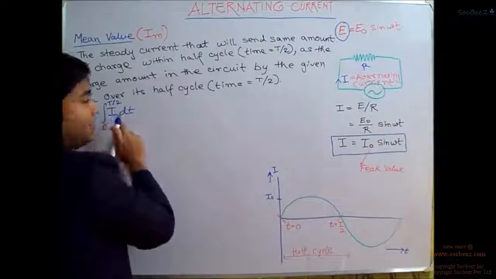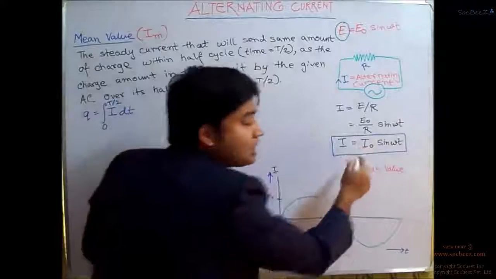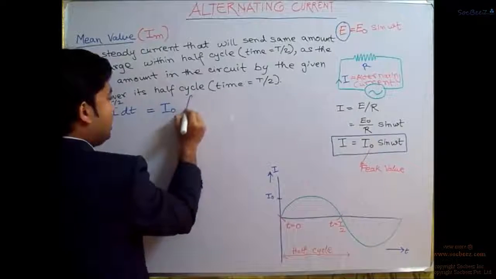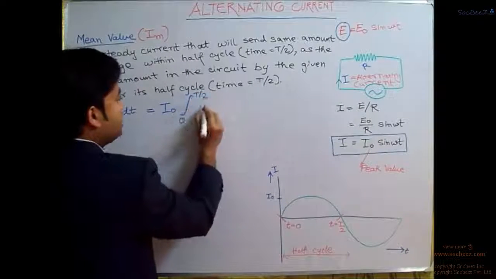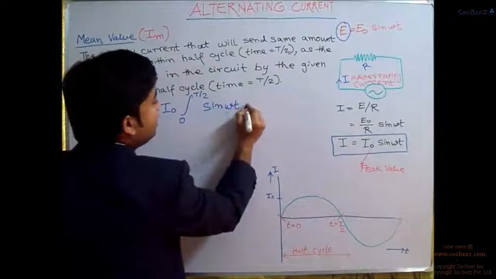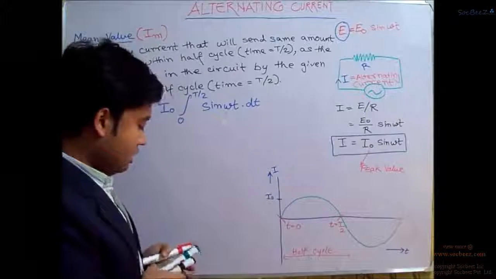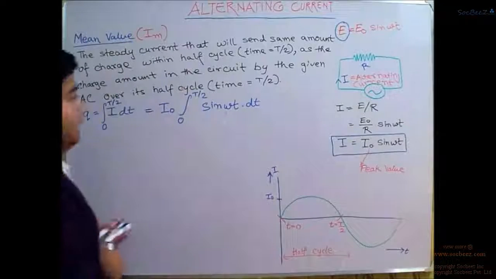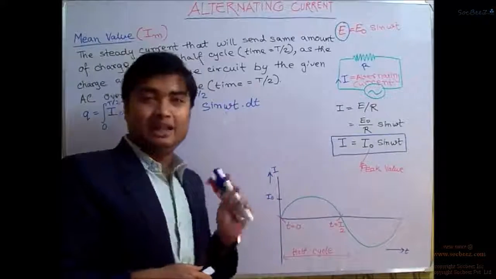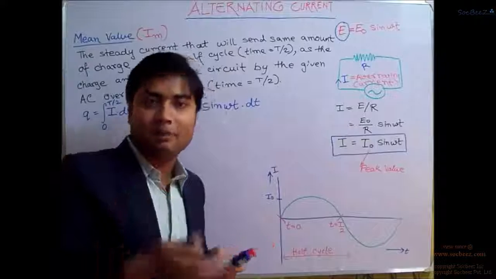So we can write the value of I as I naught sine omega t, and as I naught is a constant, it will come outside, equal to I naught times the integration from 0 to T by 2 of sine omega t dt, right? And as we know from the laws of integration, the integration of sine m theta d theta is minus cos m theta divided by m.